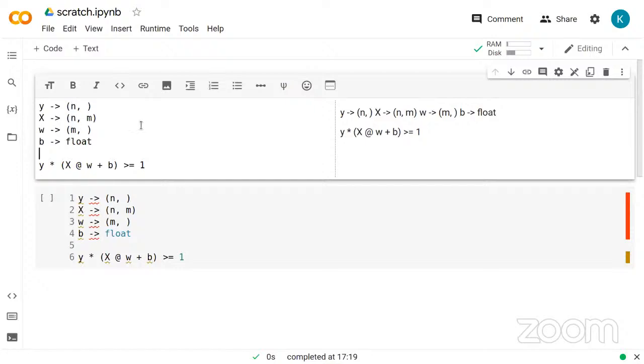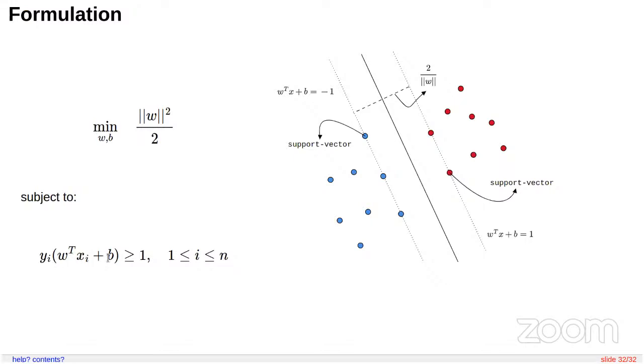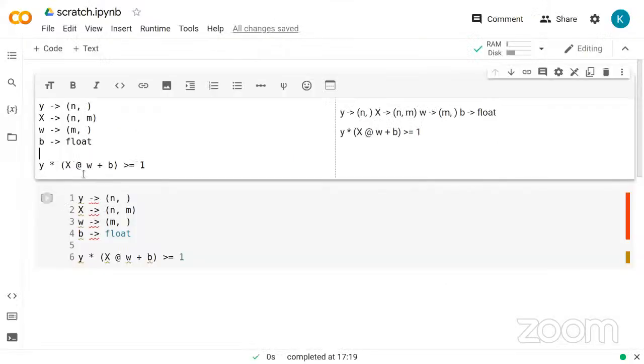And if there are m features, my data matrix or feature matrix is going to be of size n cross m. My weight vector is going to be of size m, as many values as there are features. And b is a real number. So what we are trying to do is W transpose X plus B for every sample. We can just express that as XW plus B.